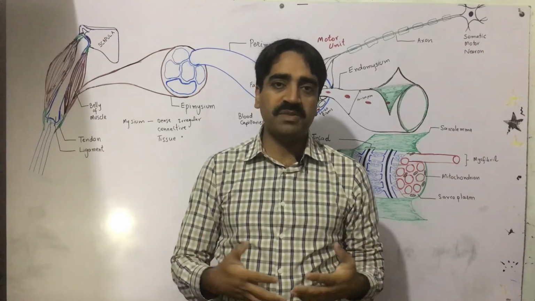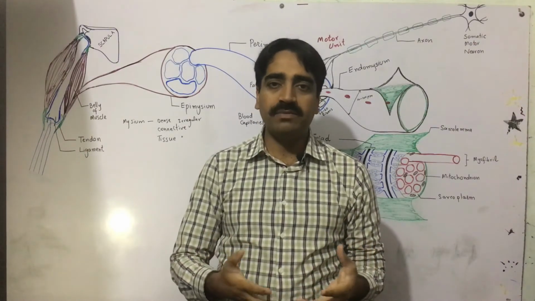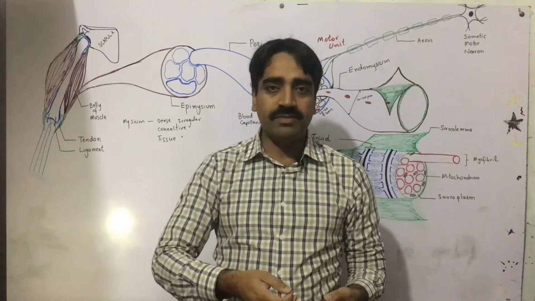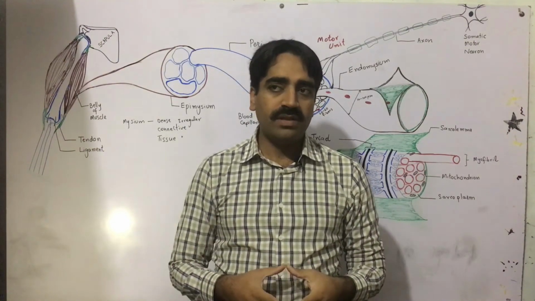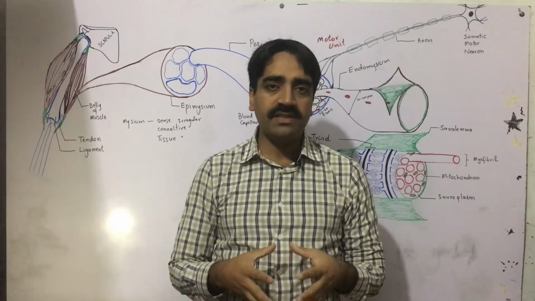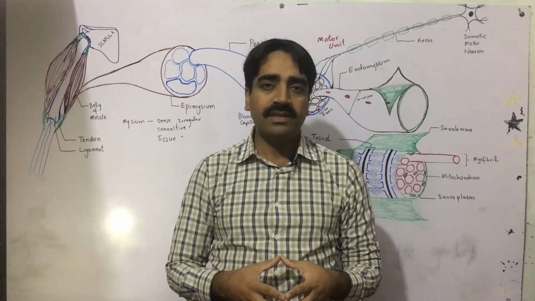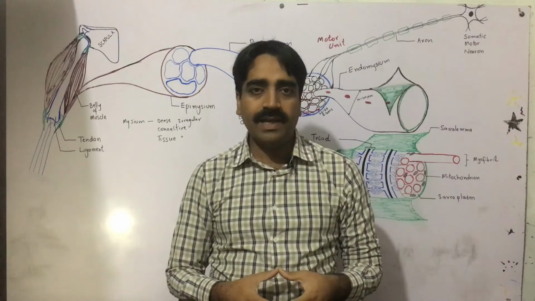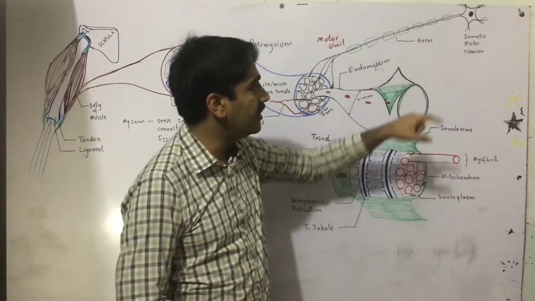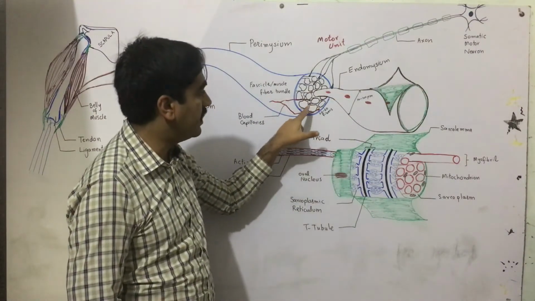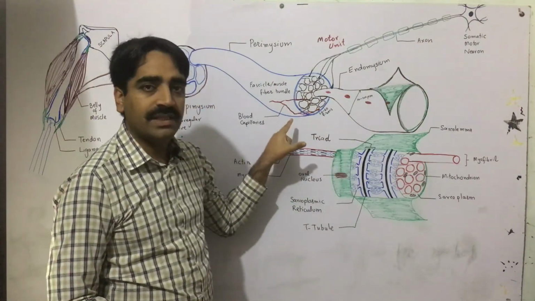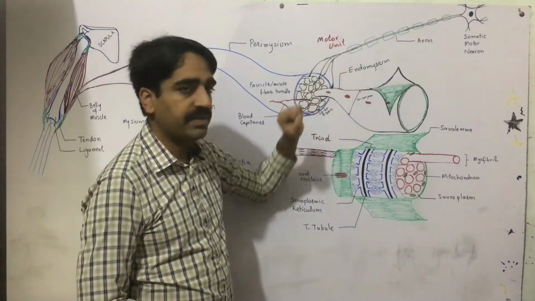I can move it gradually, or I can move it very quickly. It's under my conscious control. This voluntary activity is regulated by the somatic nervous system. A single somatic motor neuron associated with many muscle fibers inside this fascicle is called a motor unit.